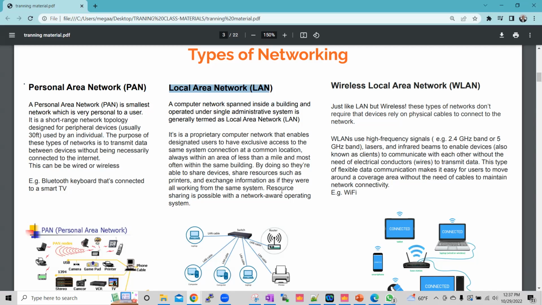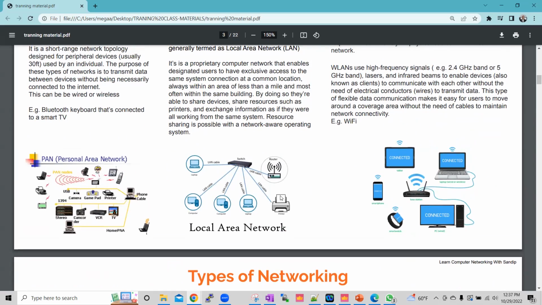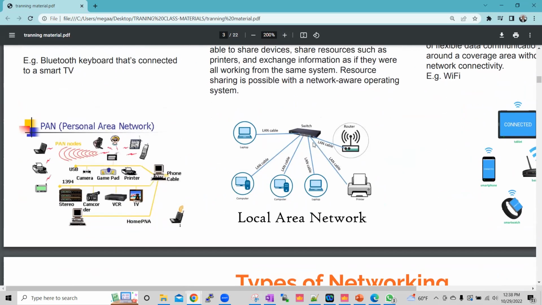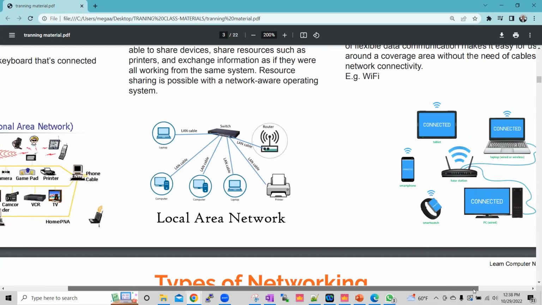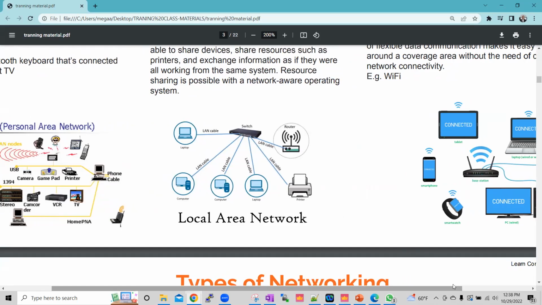On the other hand, if you look at the picture, let me make this one bold a little bit. You see that every device here, I'm talking about this particular one, the local area network. Please, if you don't understand what I'm saying, you can send a message to the chat so I can say it again or change the pattern.